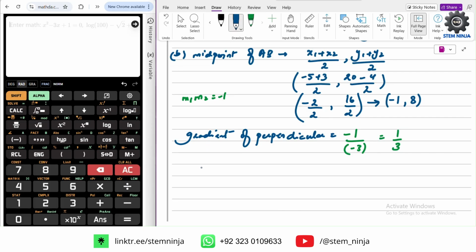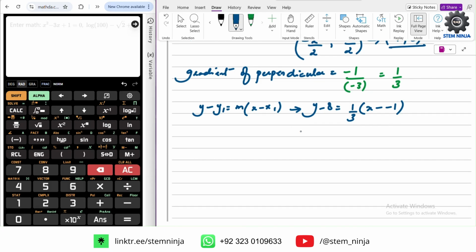Now we can form another equation, y - y1 equals m(x - x1). This time we had m, so that's why we don't need the other form. So it's passing through this midpoint, so y - 8 equals 1/3 (x - (-1)).